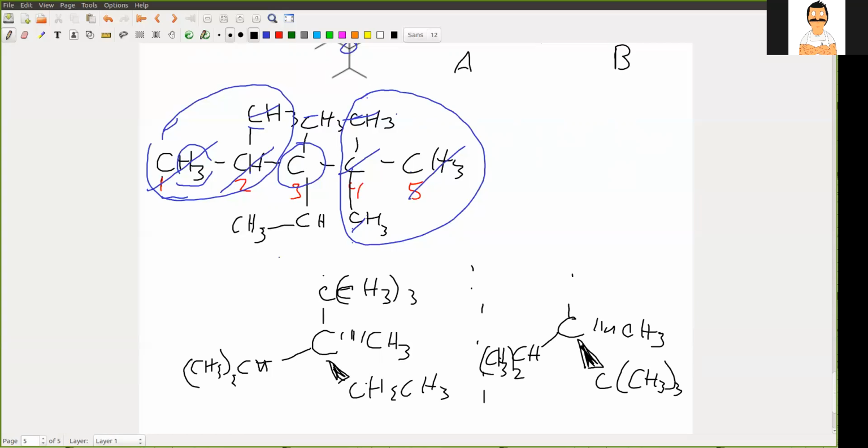And now we have the ethyl group. You have that set up, and they are non-superimposable mirror images of each other.